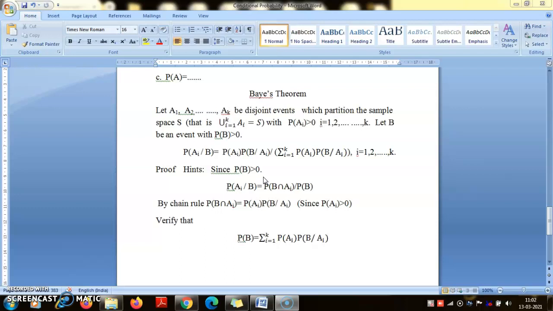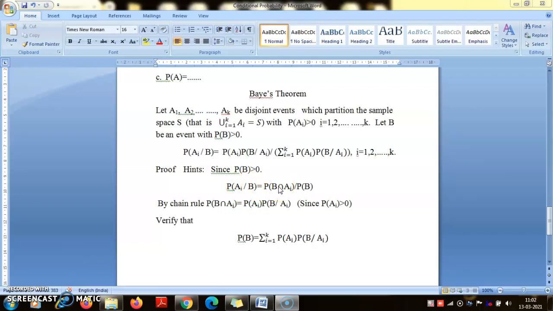If I go back to the definition of conditional probability, please recall that if B is any event with a positive probability, then I can condition on B, and the conditional probability of Ai given B is the ratio.